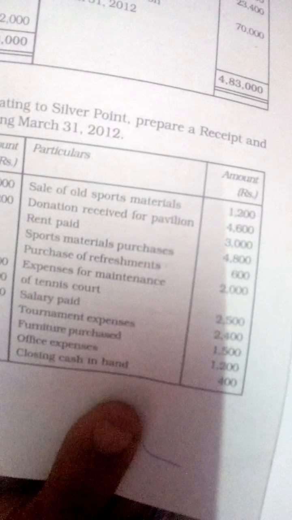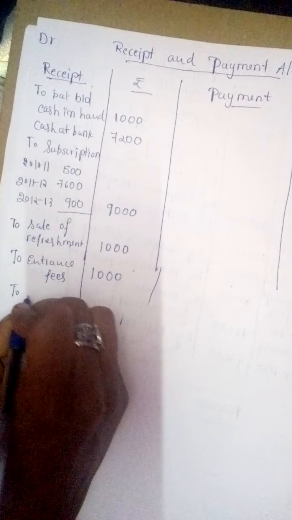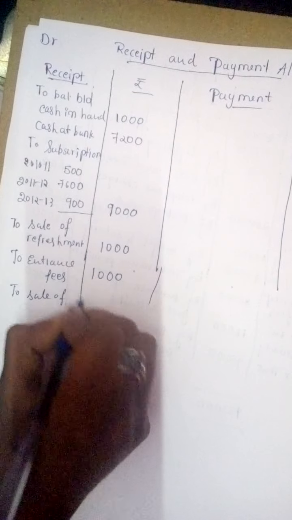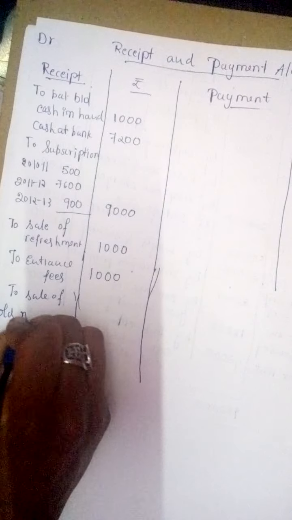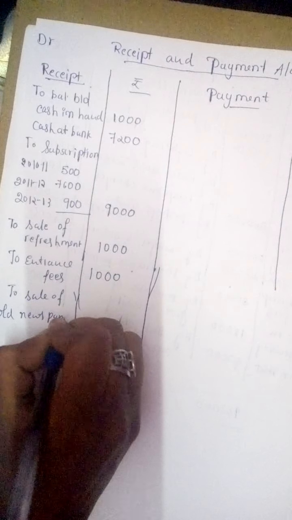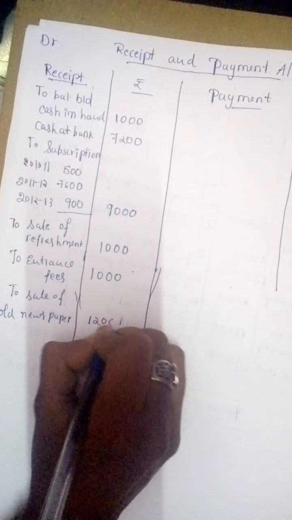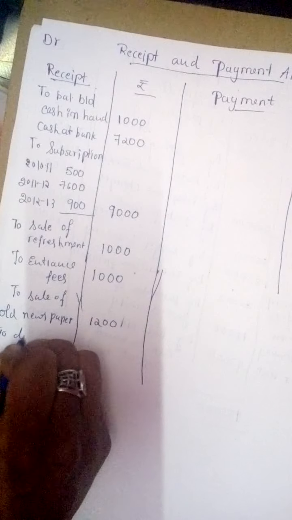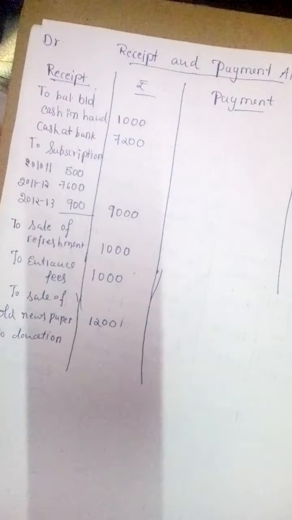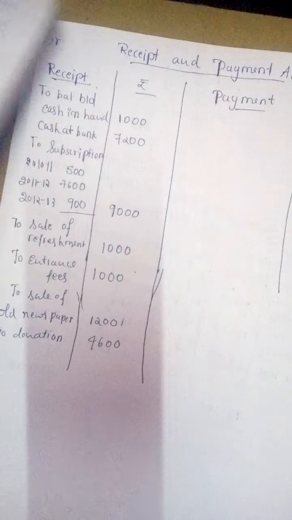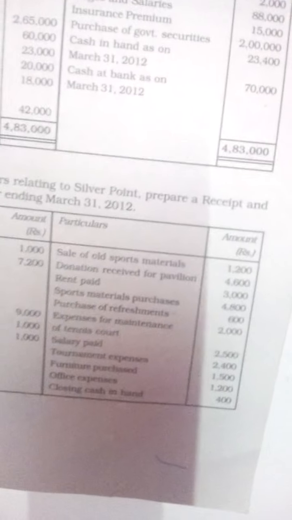So this one is also a receipt, should be recorded on the debit side, that is 1200. To sale of old newspaper amounting to rupees 1200. Then donation which they have received for pavilion, receipt. To donation amounting to rupees 4600.